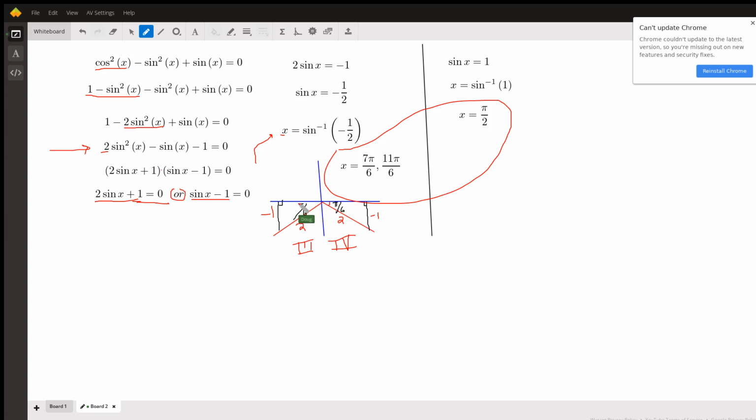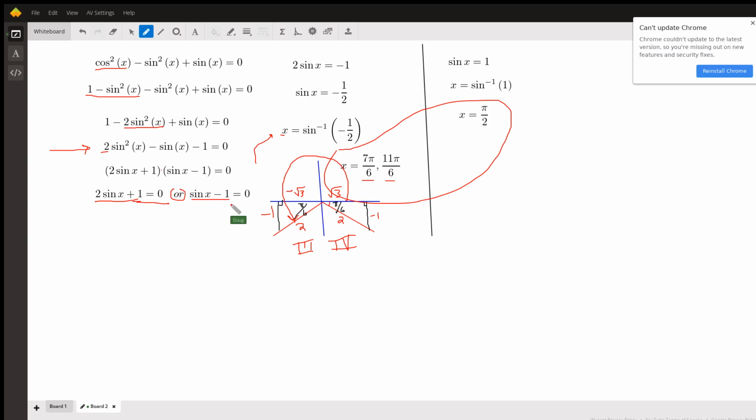Of course, this other leg is radical 3, the side opposite the 60-degree angle. Okay, so this angle right here is pi over 6 plus pi, which is 7 pi over 6. This angle is 2 pi take away pi over 6, which is 11 pi over 6. So there's two of your answers.